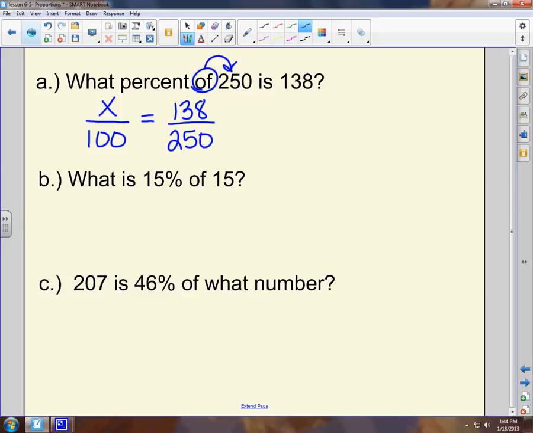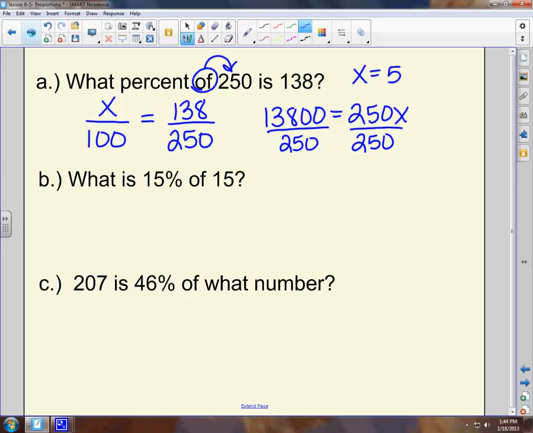I cross multiply, and I get 13,800 equals 250x, and then I divide by 250. You should be checking your work to make sure you did this. And so x equals 55.2%. Remember, they wanted it as a percent. They asked, what percent? So you have to answer it as a percent.